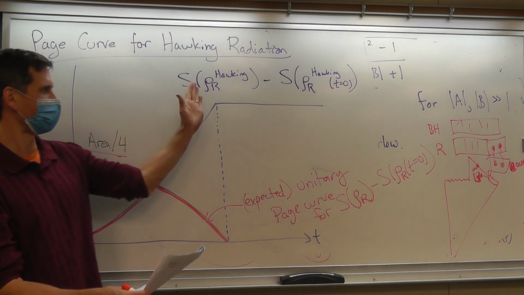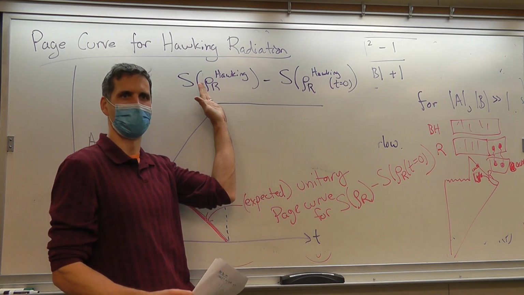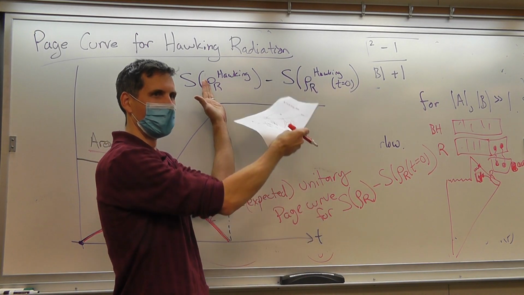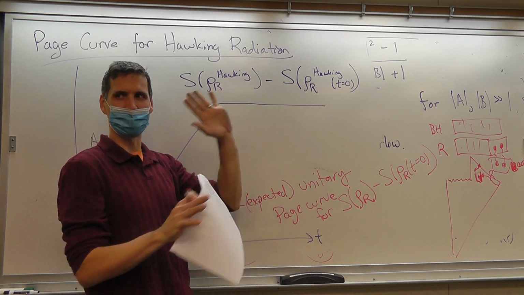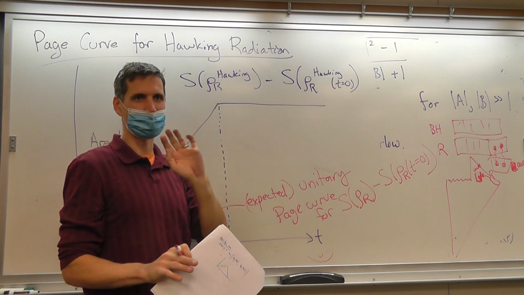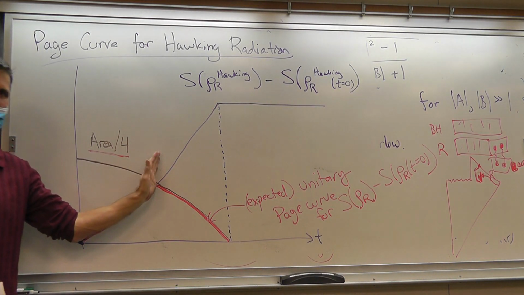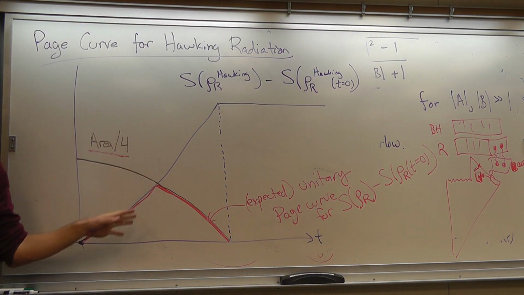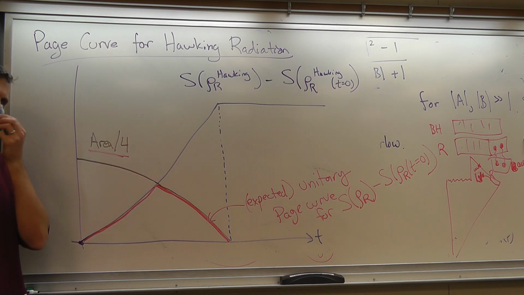That's talking about this part of the picture. But actually, you're in trouble way earlier. You're in trouble already when the black hole is approximately half gone. This isn't quite half, but it's an order 1 fraction of the black hole.